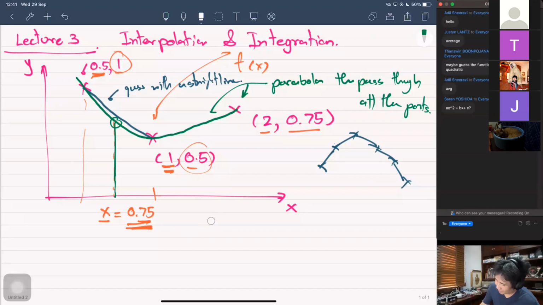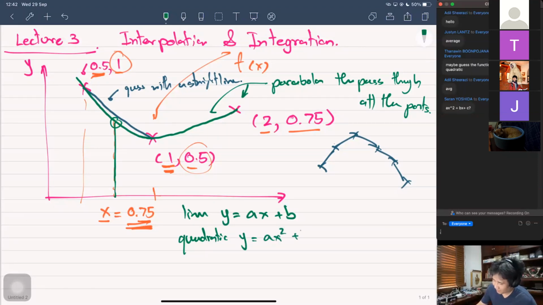Actually, let me give you the linear one. It looks like y is mx plus c, right? Or let me just write ax plus b. And then we say, okay, quadratic: y is ax squared plus bx plus c. So let me ask you, for the linear one, how many unknowns?